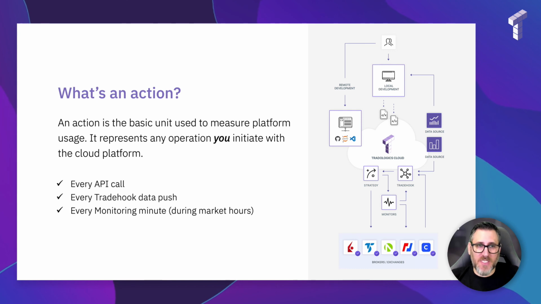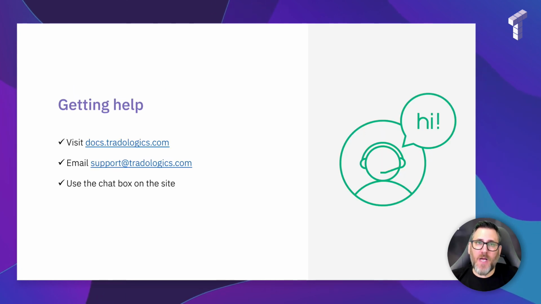All right, so this is what an action is, and I hope everything that we've seen makes sense. If you need any help with integrating, or you don't understand something, or something isn't completely clear, you have a few options of getting help. One is using the documentation website, where you see the list of all the API endpoints that we have, some tutorials, and a simple code example of a strategy.